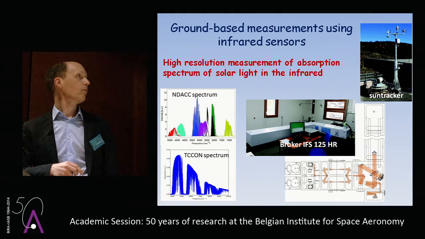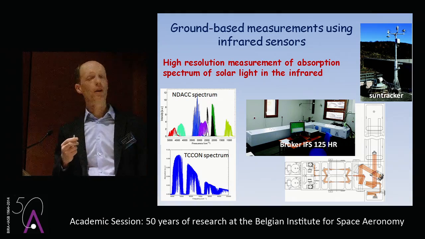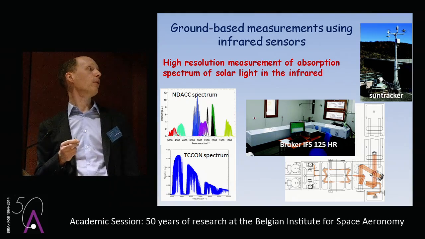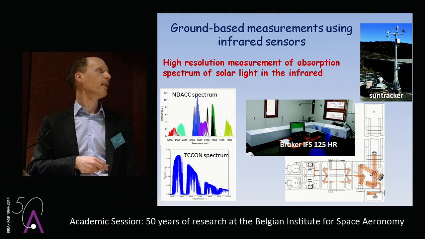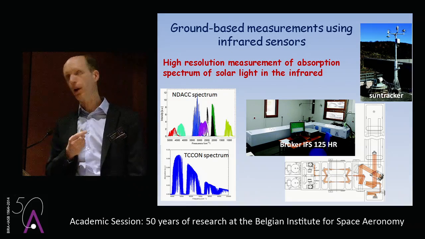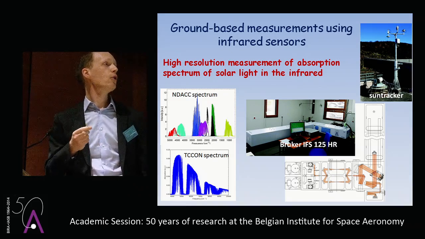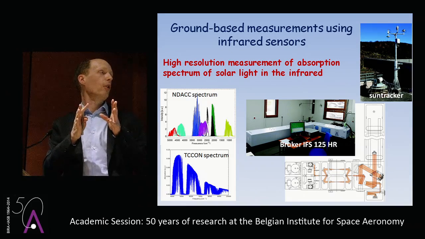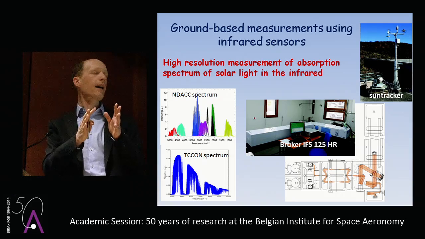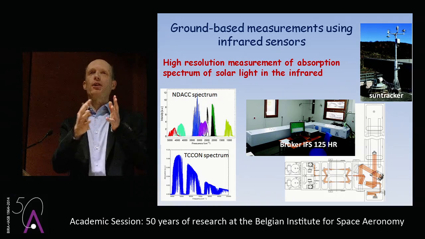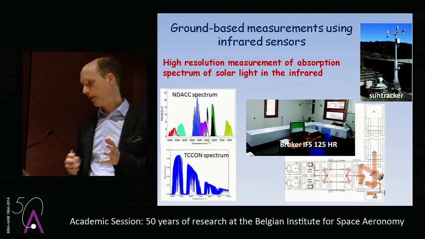And so it tries to estimate the abundances of compounds using a spectrum like that, because the compounds absorb in the infrared. So one interesting aspect of that is that it allows to target compounds which are important for the greenhouse effect, because the greenhouse effect is something which happens in the infrared.